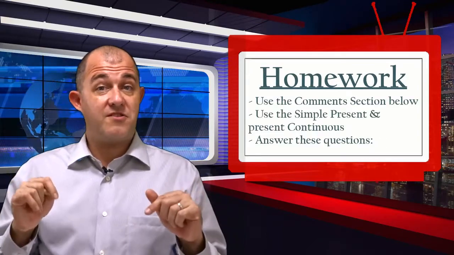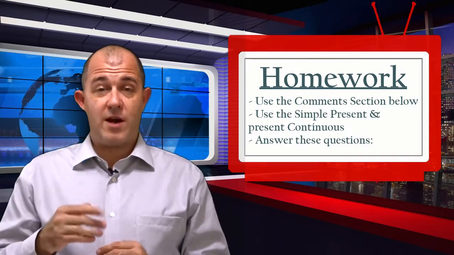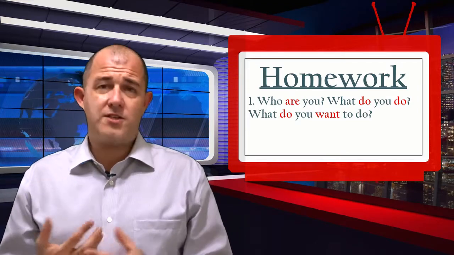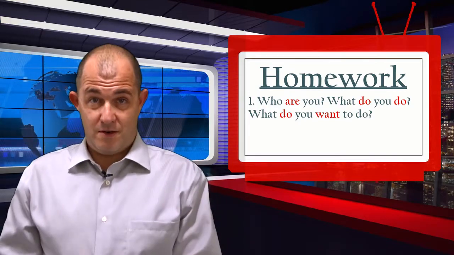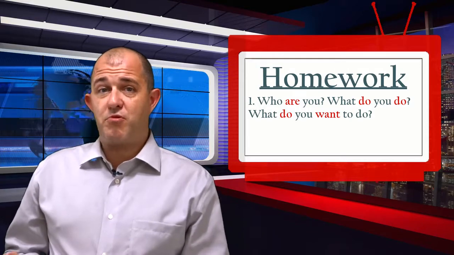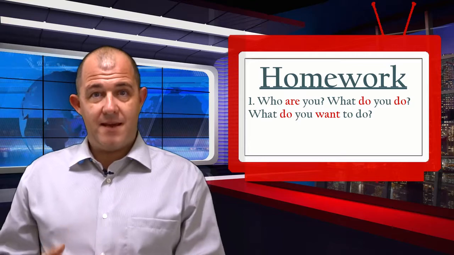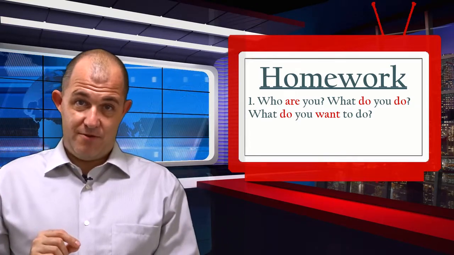Number one, your homework. Use the comment section below this video and answer these two questions for me. Your first question is, who are you? What do you do? What do you want to do? Answer those questions for me using the simple present to tell me a little bit about yourself. I will be happy to check the answers and respond to you.